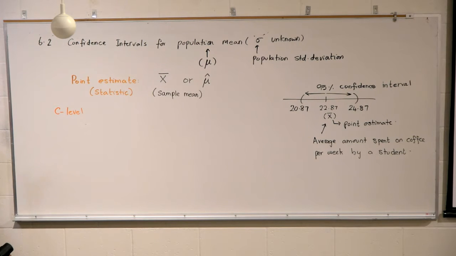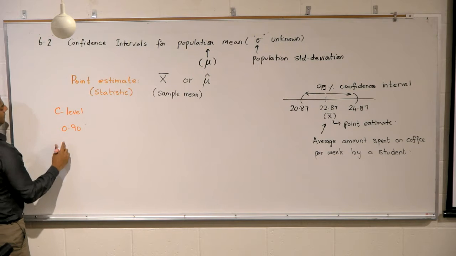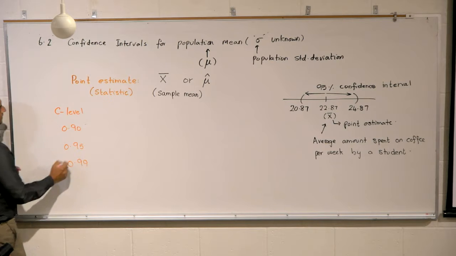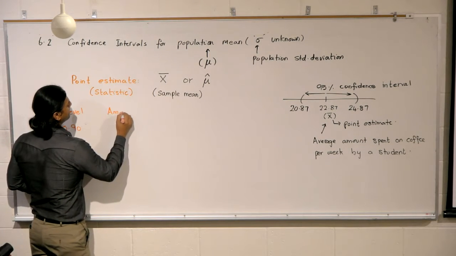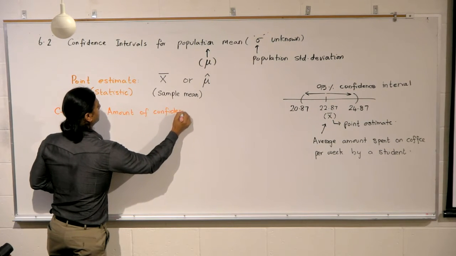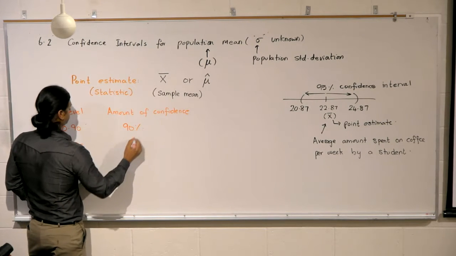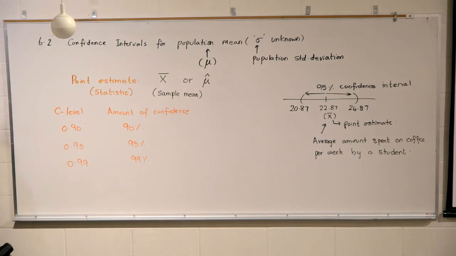I don't know what your book uses, but the common values are 0.90, 0.95, 0.99. The amount of confidence that you would have is just in terms of a percent. You have 90%, 95%, and 99%. Good.